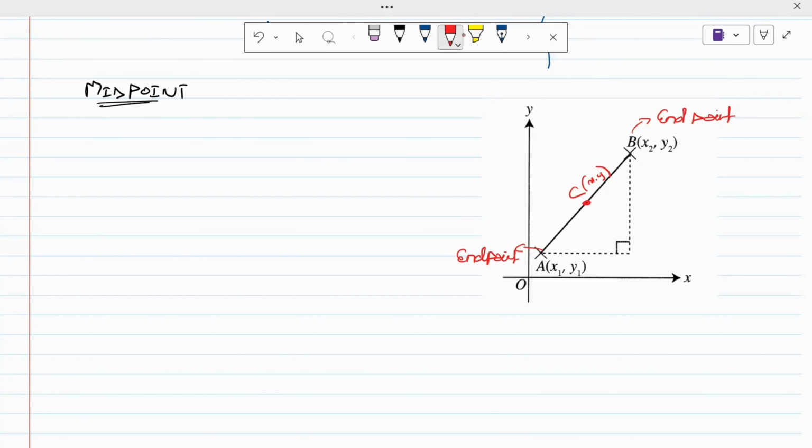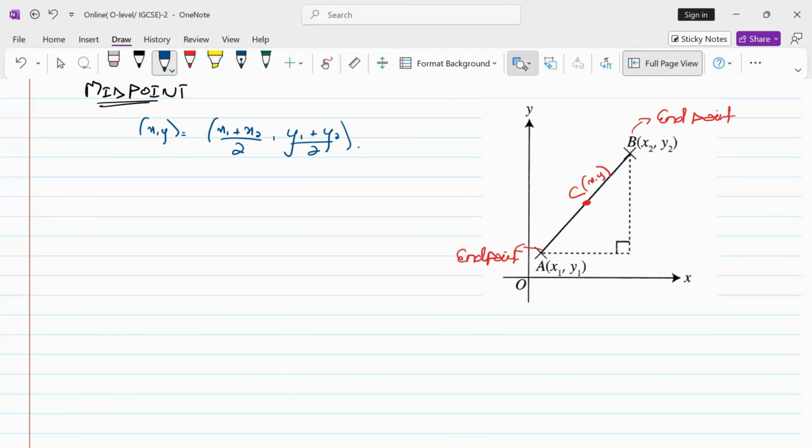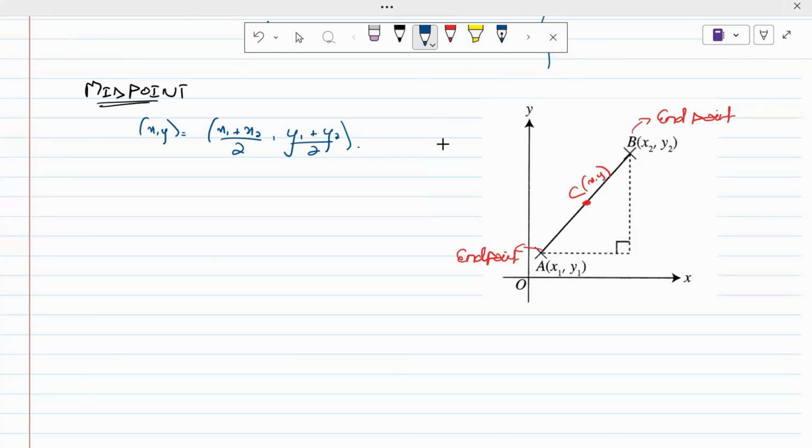So the formula for finding the midpoint of the two endpoints is x comma y equals (x1 plus x2) upon 2 comma (y1 plus y2) upon 2. This is the formula which we would be using to find the midpoint.